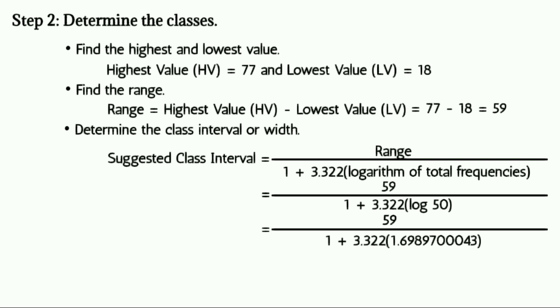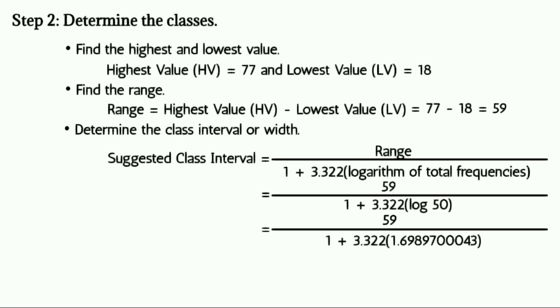Pakilagay lahat ng numbers. Para makompute yung denominator natin, kunin muna natin yung product ng 3.322 at 1.6989700043.